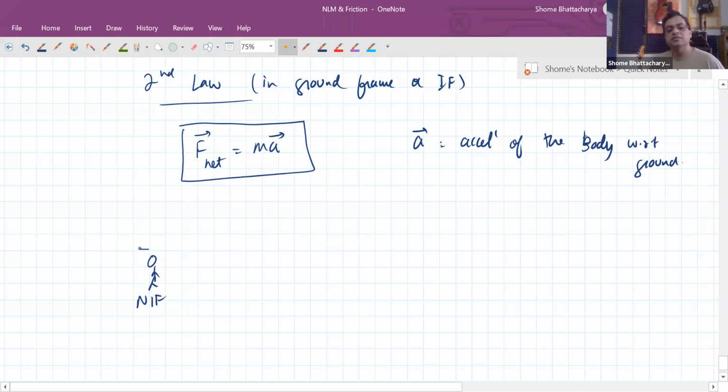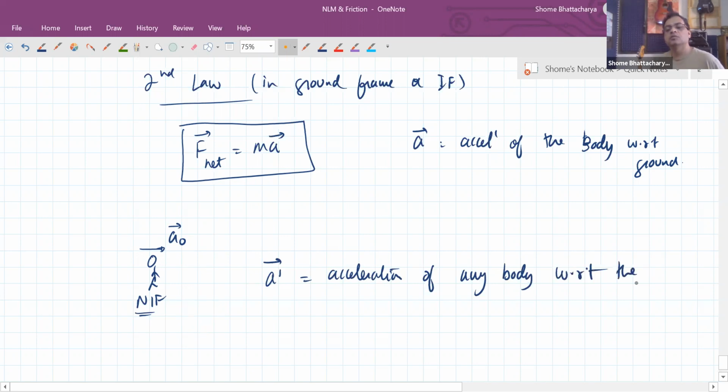non-inertial frame that itself is moving with an acceleration A naught with respect to the ground frame. Then the acceleration of that same body with respect to the non-inertial frame, or relative to the non-inertial frame.